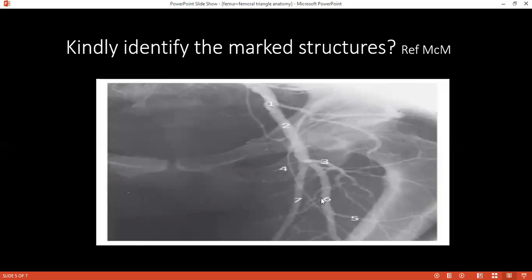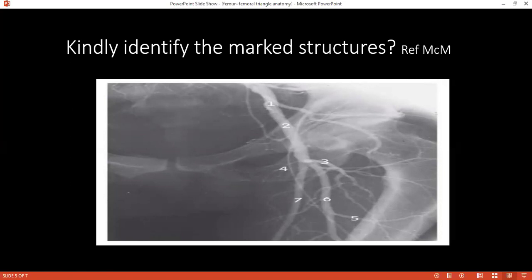Okay, quickly, if you can identify number 6 and 7. Number 7 should be superficial femoral artery, and number 6 is profunda femoris. Can you give some indications in which condition would you ask for this imaging? For pelvic fracture, and to identify the obstruction level in case of acute ischemic condition of the legs or maybe gangrene of the leg.